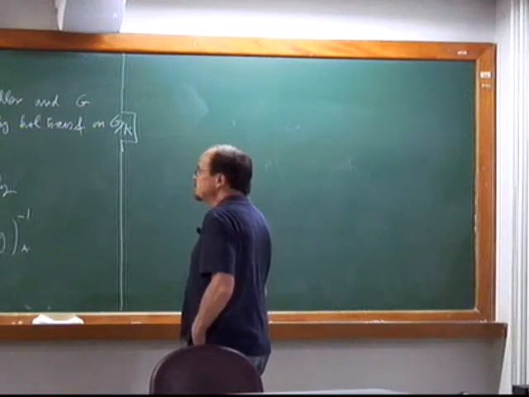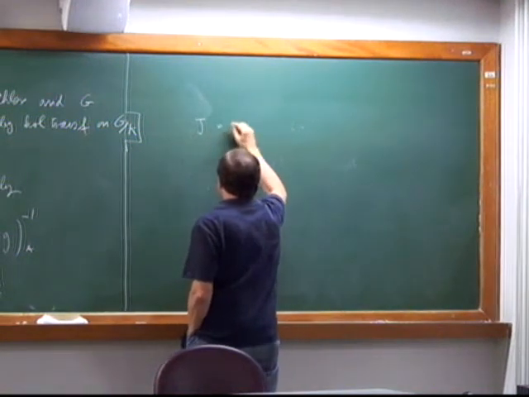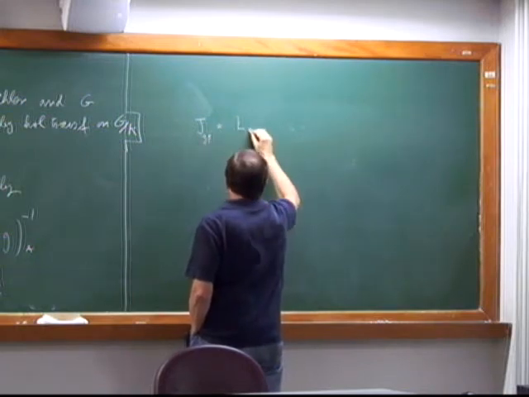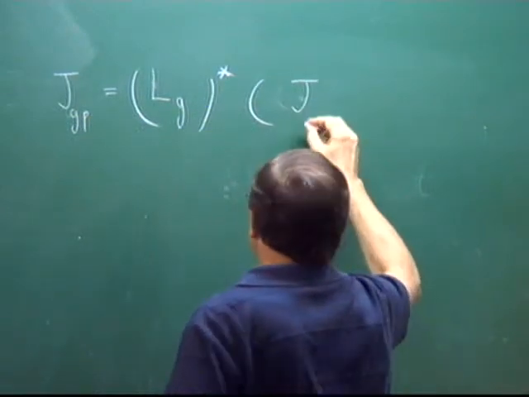So let's see. J was defined at G P as L G star of J, let's say at the point P naught.